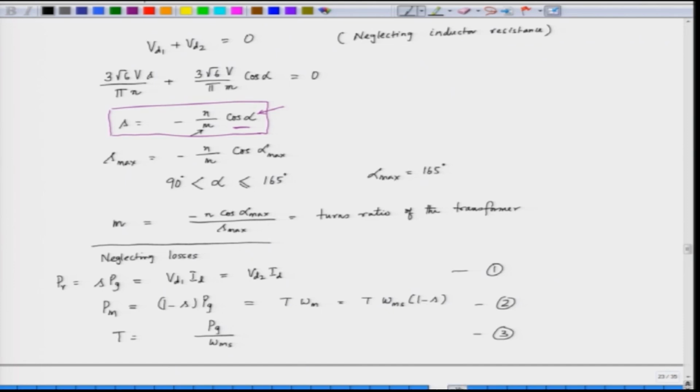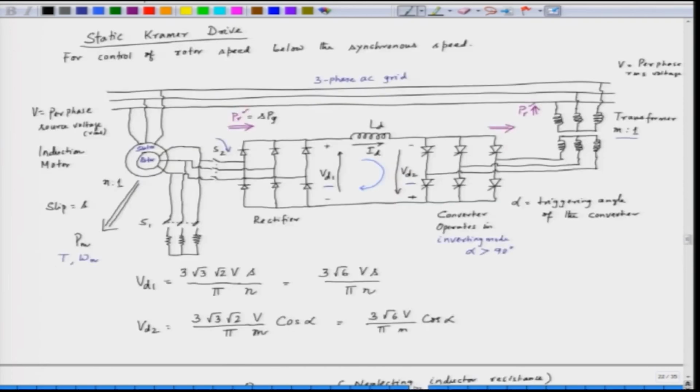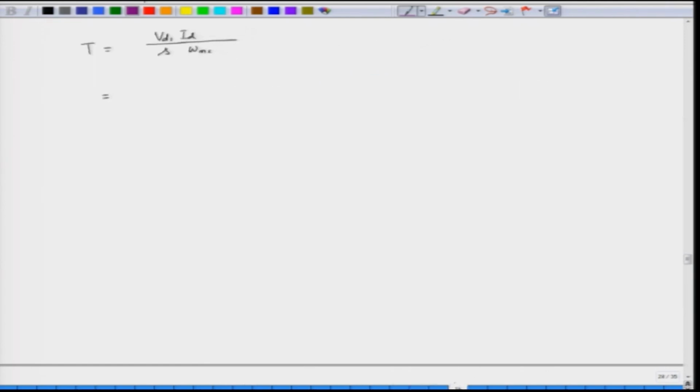So, this will give us torque is equal to P g divided by omega m s, which is equal to V d 1 into I d divided by S into omega m s. And what is V d 1? We have already found out the value of V d 1 from equation 3, root 6 V s by pi n, that we will substitute here.